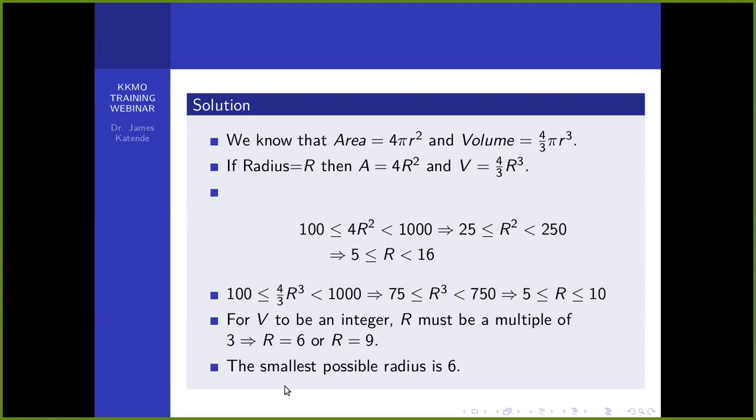So you basically reduced the possibilities to these two, and then the smallest is 6. 6 and 9 are the only possibilities because R must be a multiple of 3, and between 5 and 10 we have only those two as the multiples of 3. So that solves the first problem. Any questions on this?